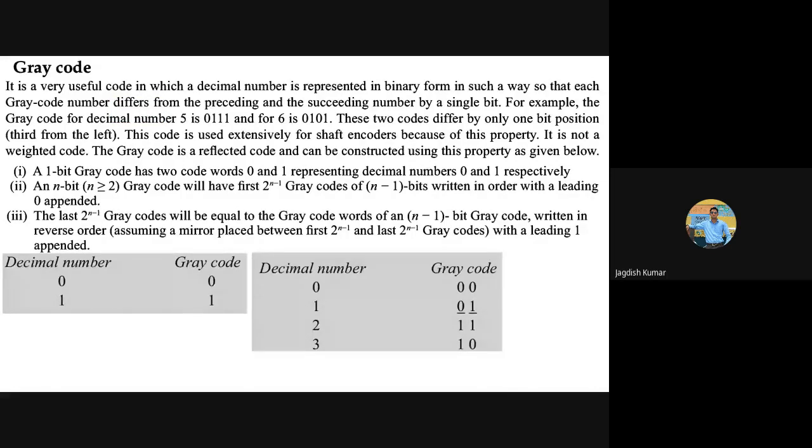Correct. So Subhash, what you had written was 5. Very well. What is 6 then? 1, 0, 1. Very good. What is 7? Perfect. So now you know how to write down counting in gray code.